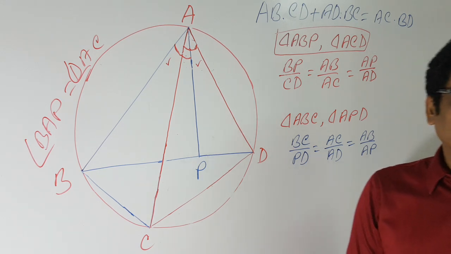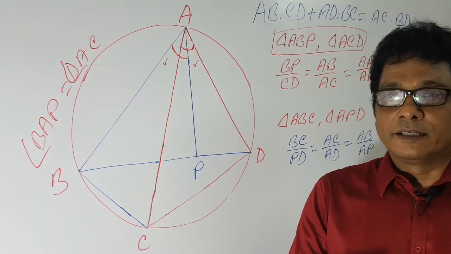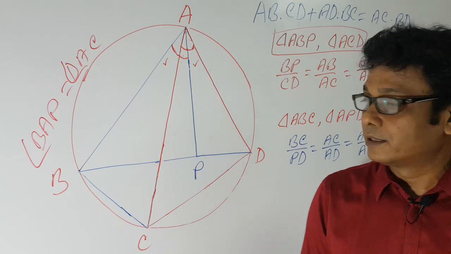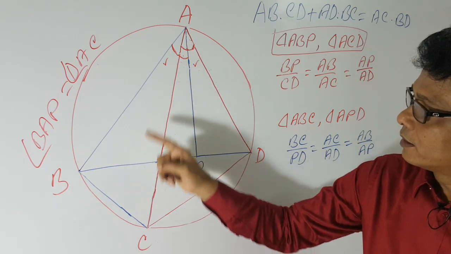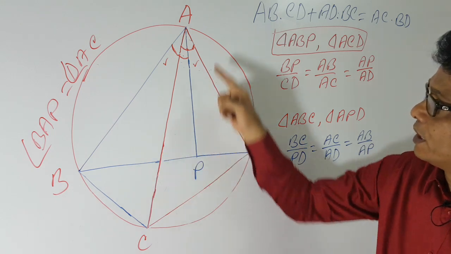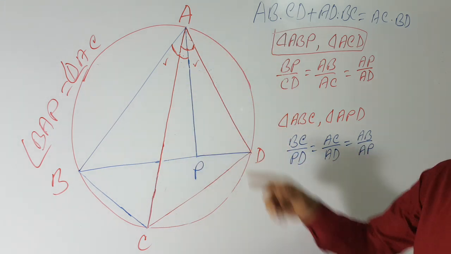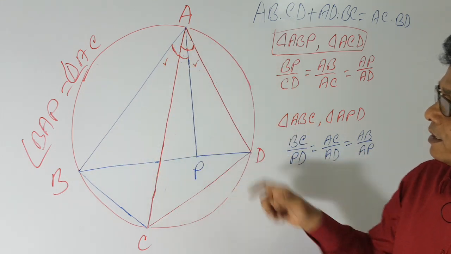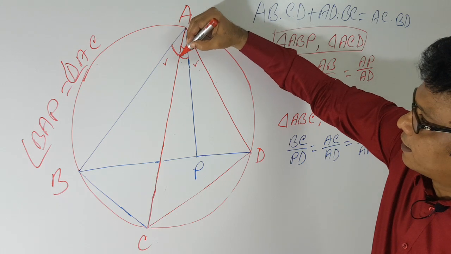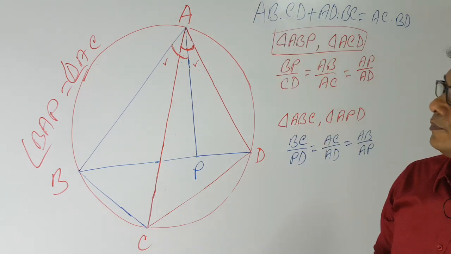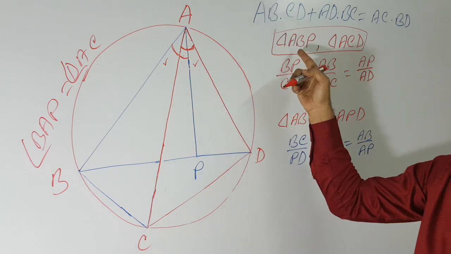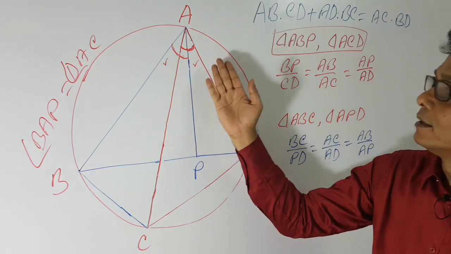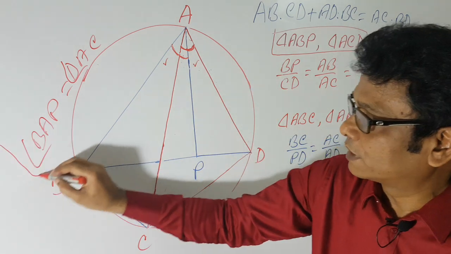Equiangular means in two triangles, if three angles are equal, then we call them equiangular. In triangle ABP and ACD, this angle equals this angle. They are equal.